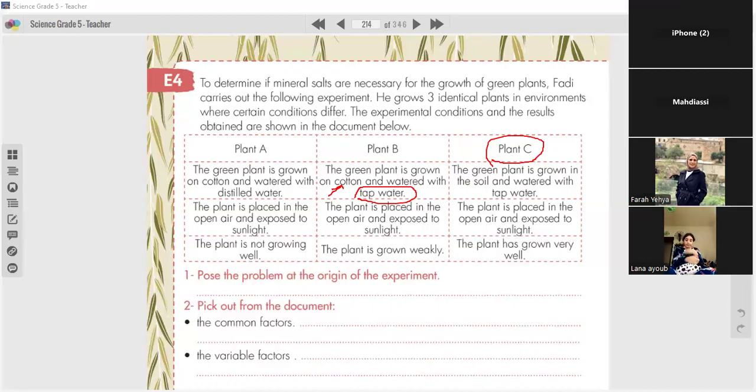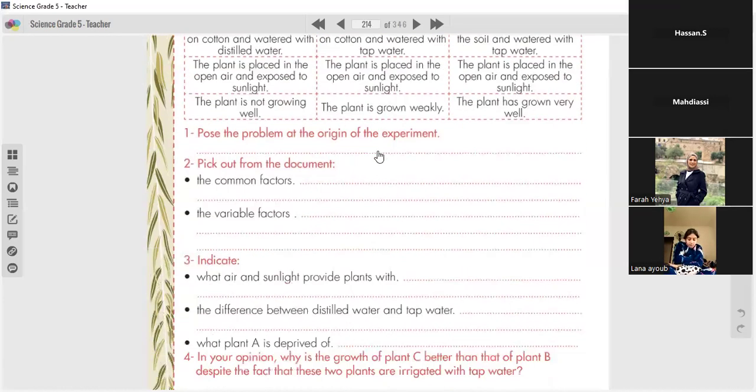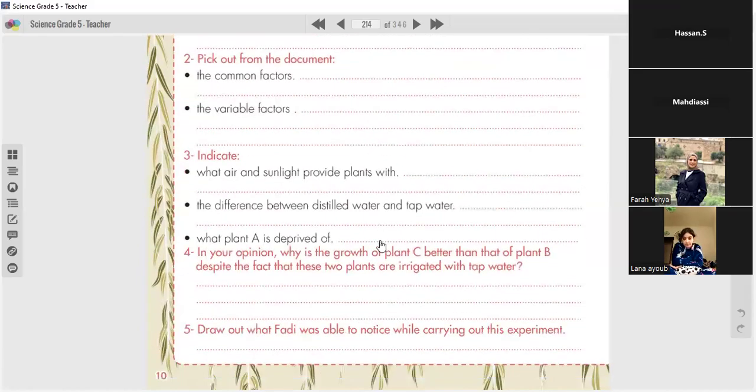Draw out what Fadi was able to notice while carrying out this experiment. So after Fadi is doing everything in the experiment, what can Fadi conclude from this experiment? If you are doing the same experiment, after solving all of these exercises, what can you conclude?